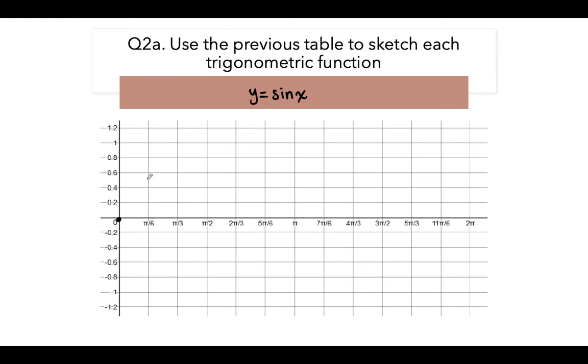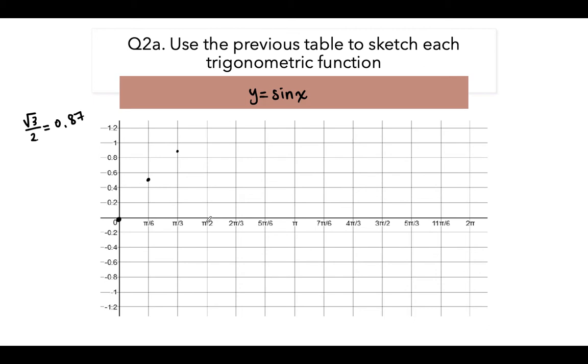So I'm going to label over here. And at pi over 3, it's going to be square root 3 over 2. So if you do square root 3 over 2, it's hard to figure out the numerical value. So divide it, and you're going to get about 0.87. So it will be around here.